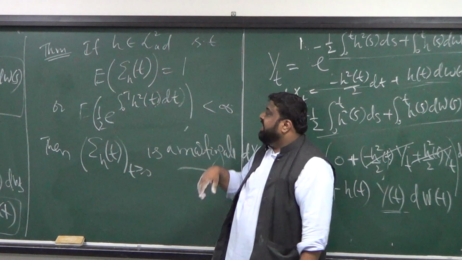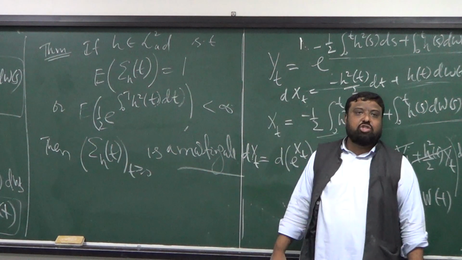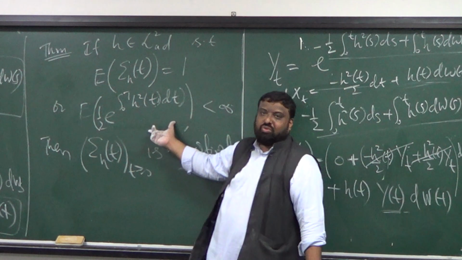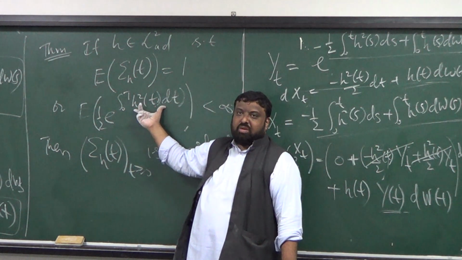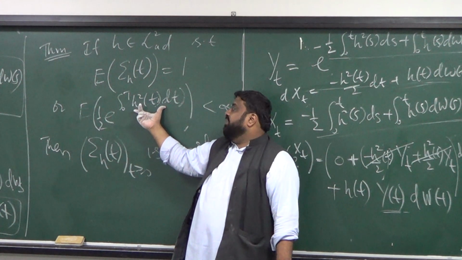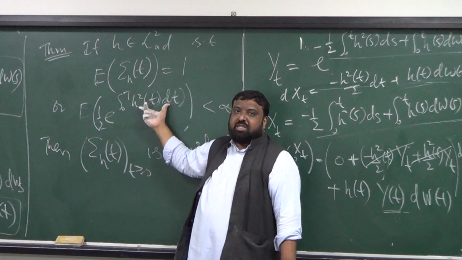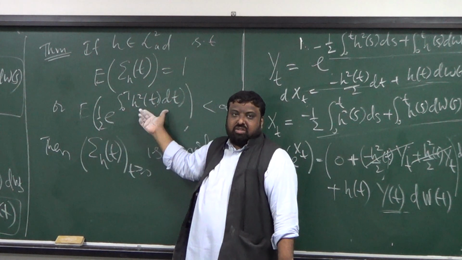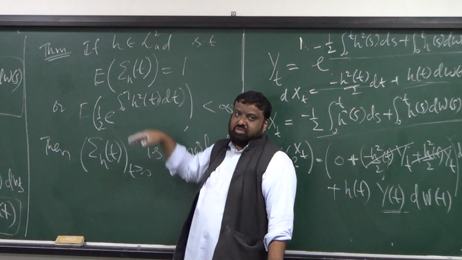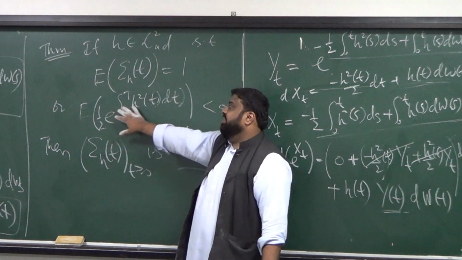For example, if you take h to be deterministic, this is by default true. Why? Because this is finite, this is h2 now. So if this is finite, then e to the finite number is a finite number, so the expectation of a finite number is a finite number. So this condition is by default true. So it's easily verifiable.